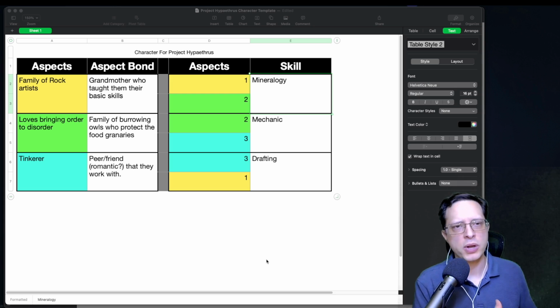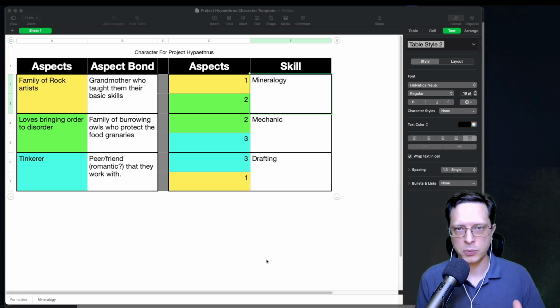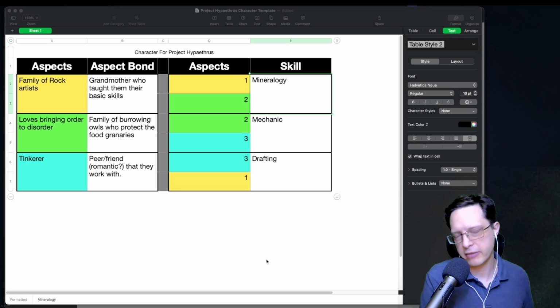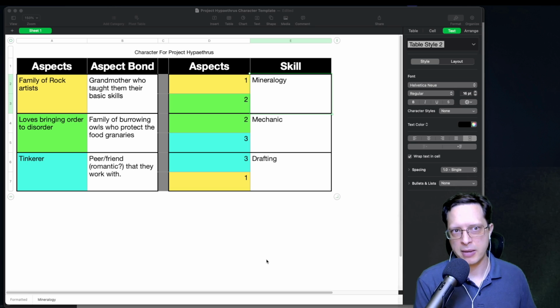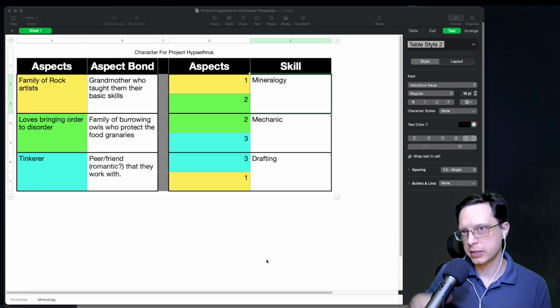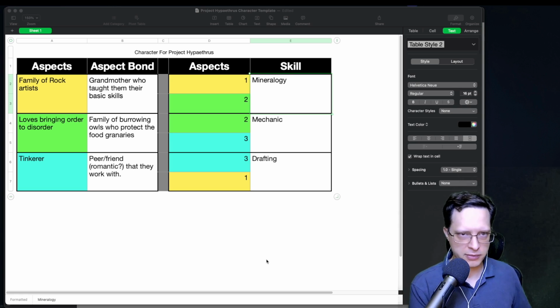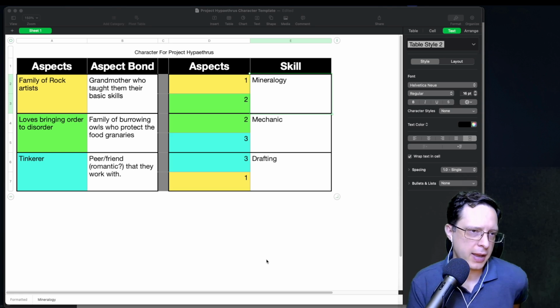So it would, at least in theory, be possible to have a bond with a character who's no longer alive, but still have that bond be incredibly important for our character, and also still have a way of dissolving that bond, where maybe they don't think of the person the same way that they used to, or something like that happens.